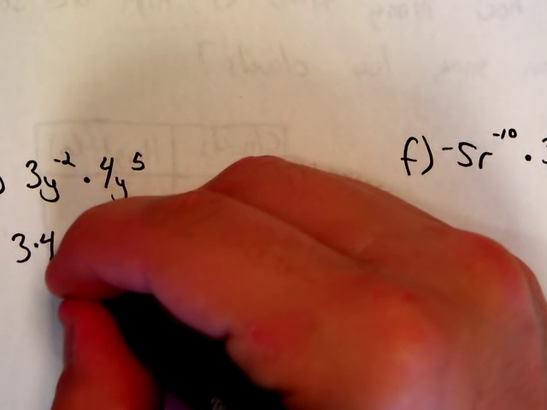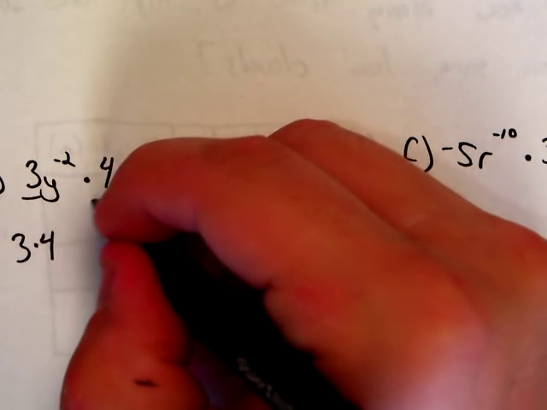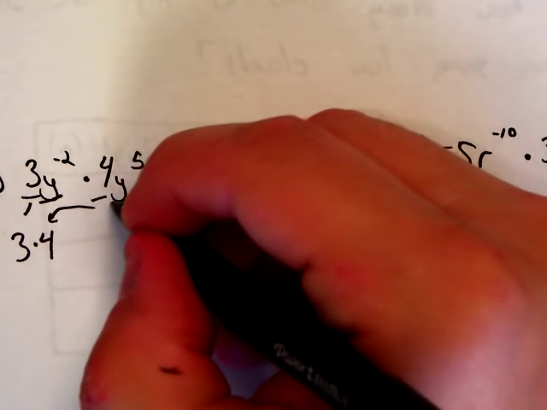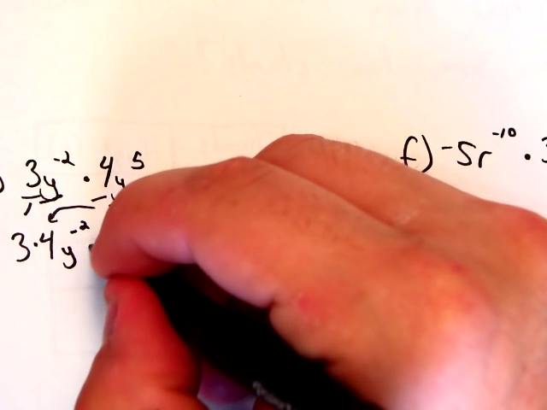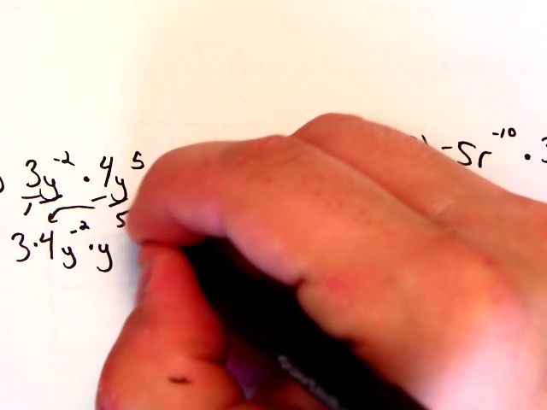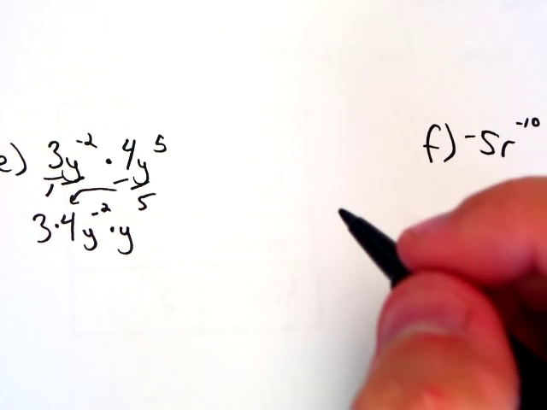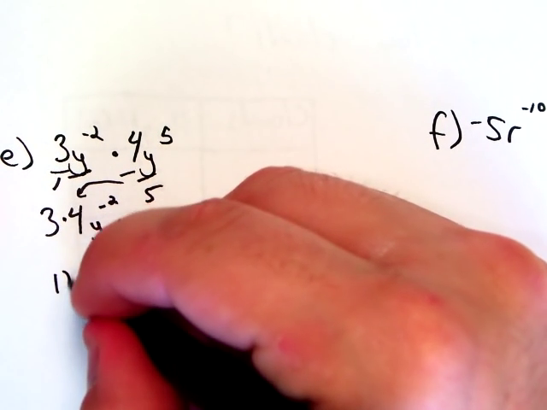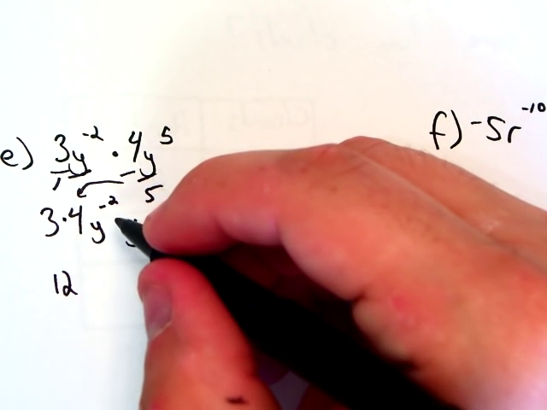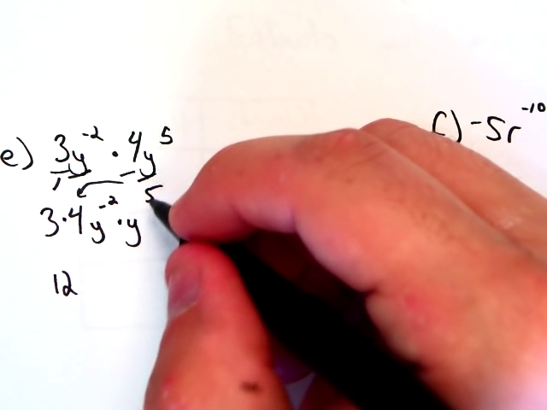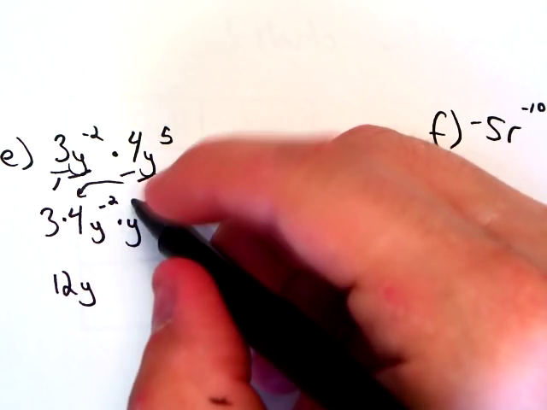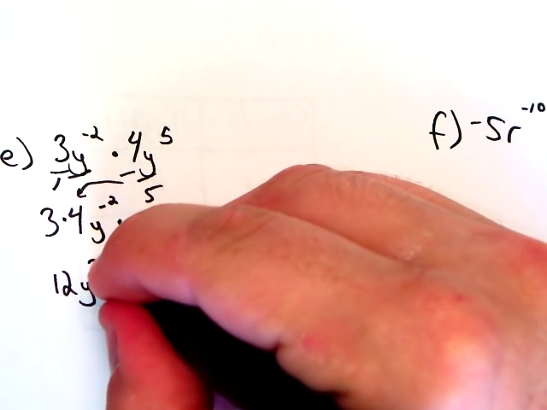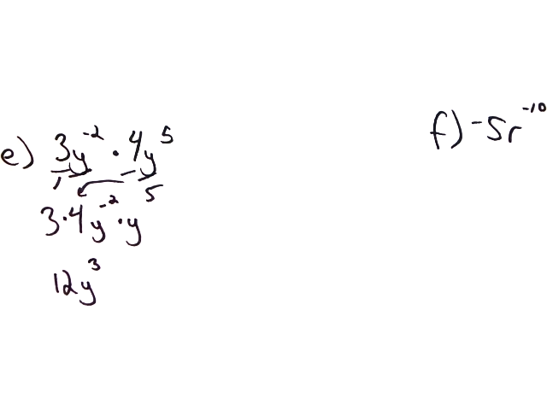So I'm going to move the 3 and 4 by each other, and the two y terms by each other as well. 3 times 4 is 12. y to the negative 2nd times y to the 5th. We keep y. We add the exponents, so negative 2 plus 5 is 3.